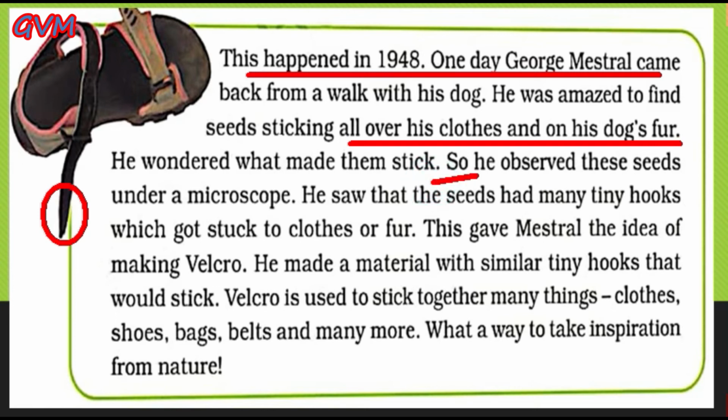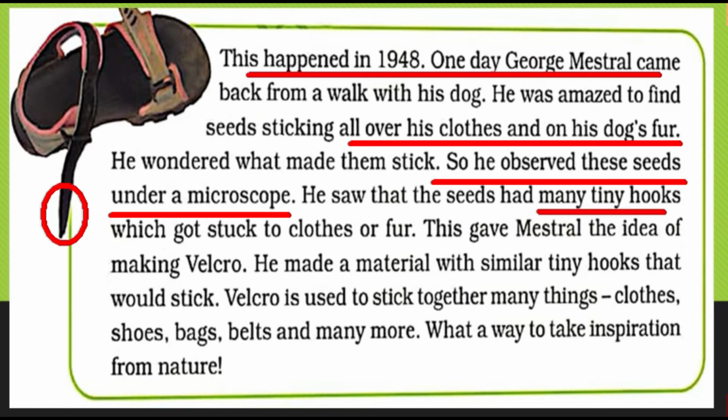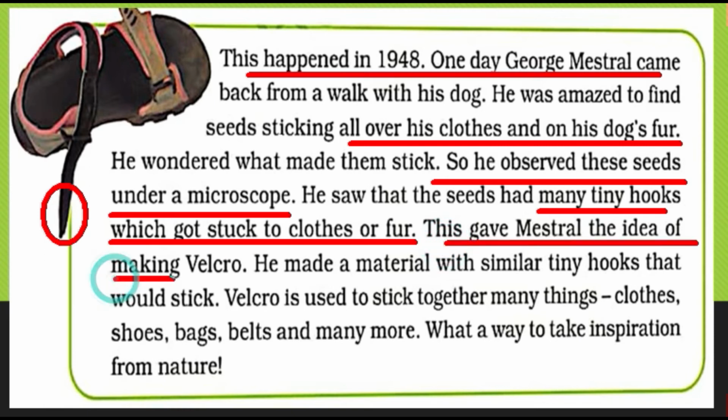So he observed these seeds under a microscope. And students, when he observed those seeds under the microscope, he found that the seeds have many tiny hooks which got stuck to the clothes and the fur of his dog, and that's how Mestral got the idea of making Velcro.